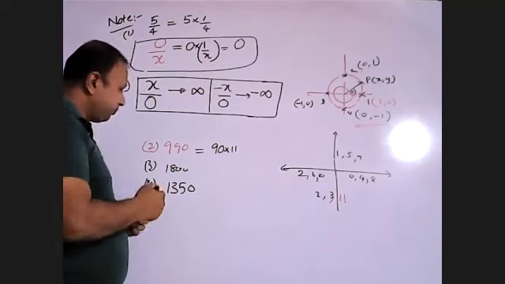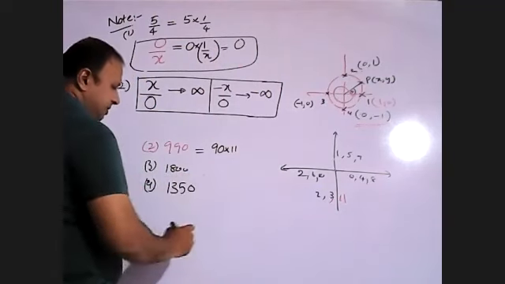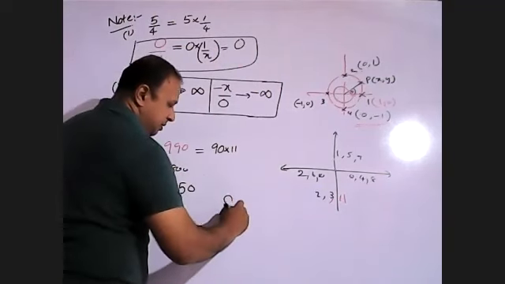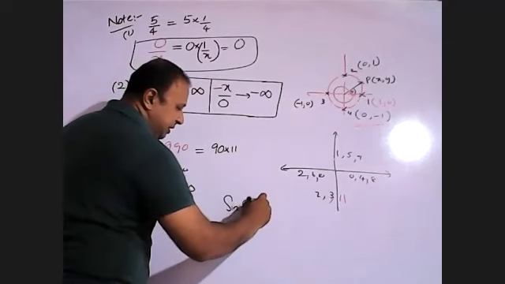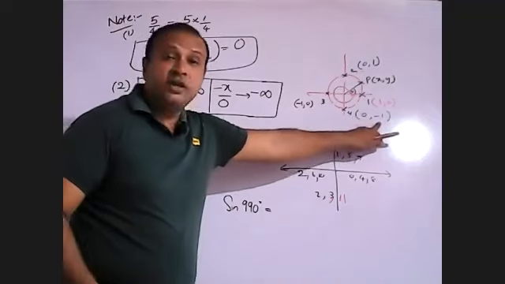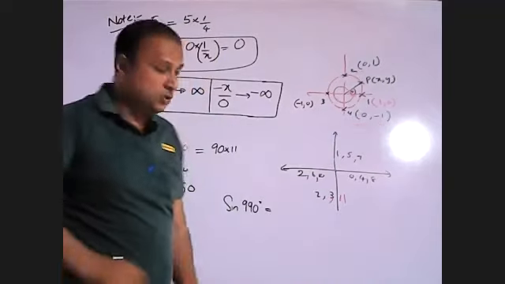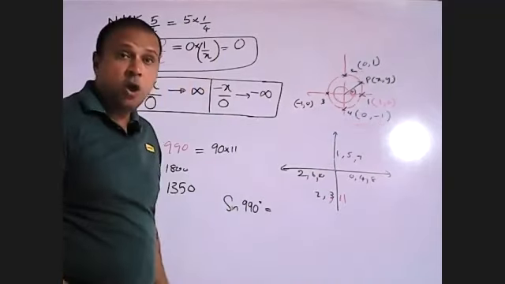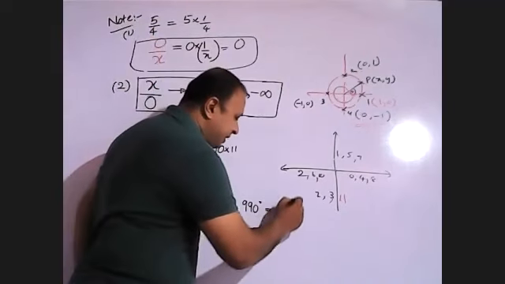So sin 990 is equal to the y coordinate, which is minus 1.